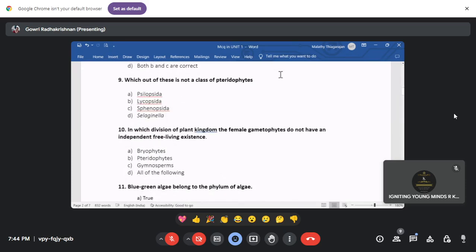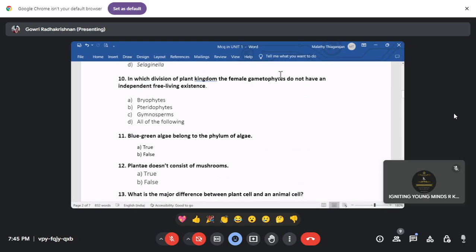Which out of these is not a class of pteridophyte? Selaginella, ma'am. Then, in which division of plant kingdom the female gametophytes do not have an independent free living existence? Gymnosperms, ma'am. Yes.